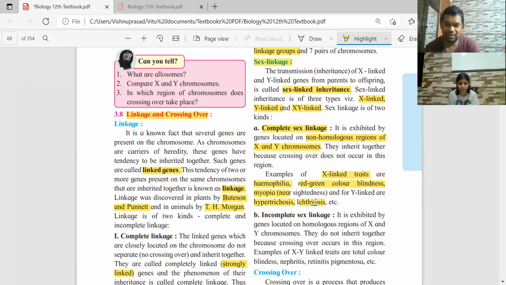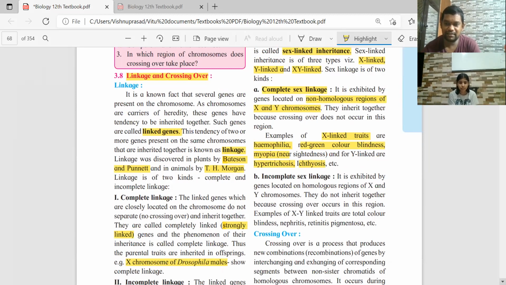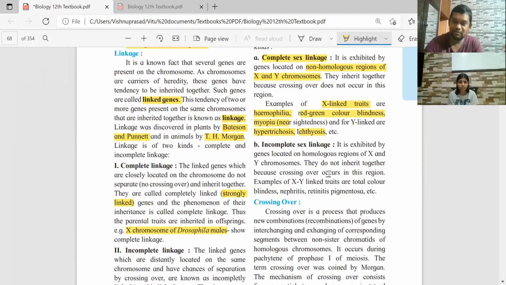Similarly, you have incomplete sex linkage. Now this is the homologous regions of X and Y. Crossing over takes place between the homologous regions, but not the non-homologous regions.